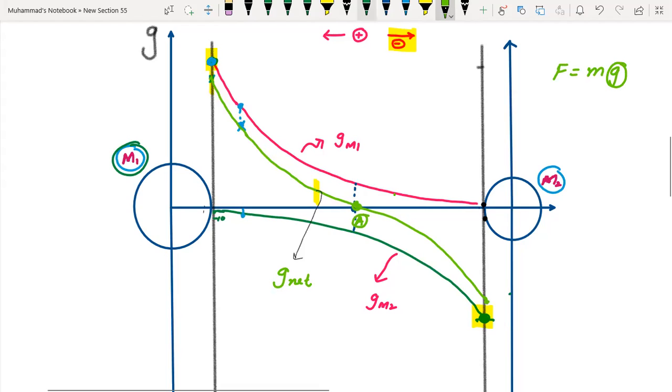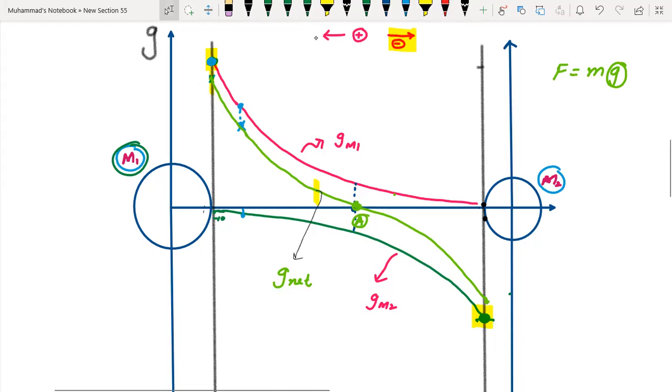In this region, in this interval, for example, I am talking about the gravitational field strength from the surface of this mass to this point. The gravitational field strength decreases. It is positive. Positive means the direction is towards the left.